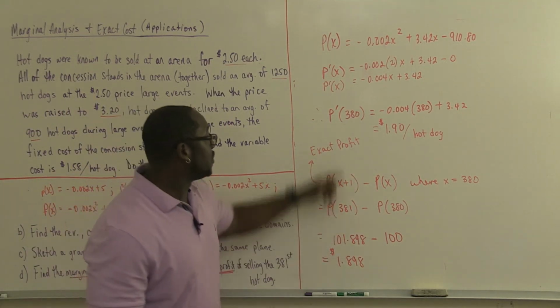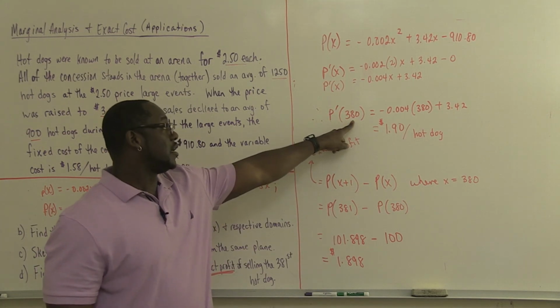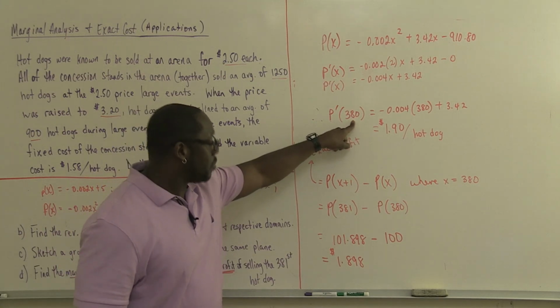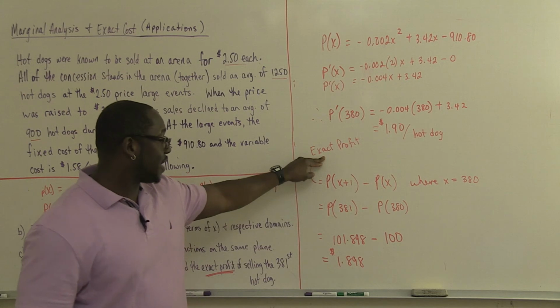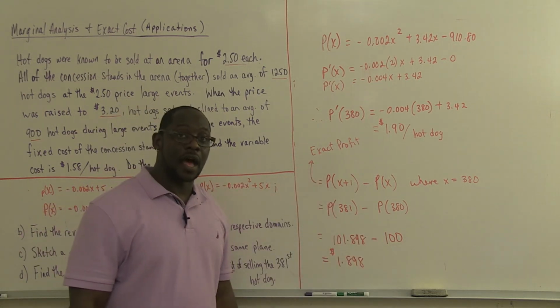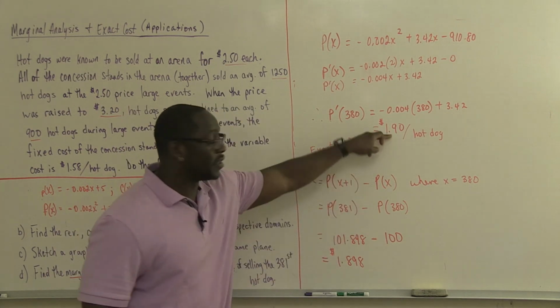Okay, so you see how the marginal profit at quantity x is approximating what the exact profit is on the x plus 1 item. Okay, so you see how close these two are together here.